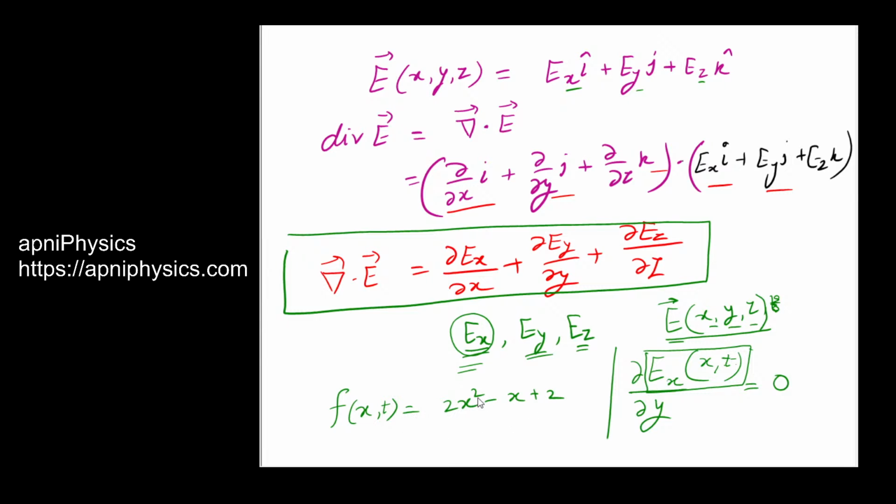So F(x), right, a function like it. When you differentiate it with respect to y, obviously del F upon del y will be equal to 0. So this is the meaning. You will see it at a later stage, but here you can understand my point, that mathematically the divergence of E is this one, right? The variation of the electric field components along the x, y and z directions.